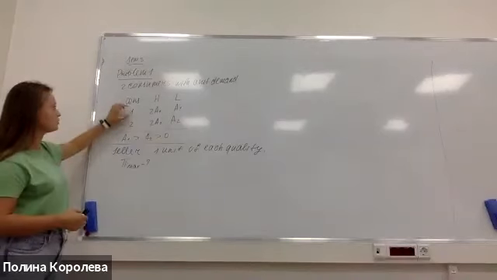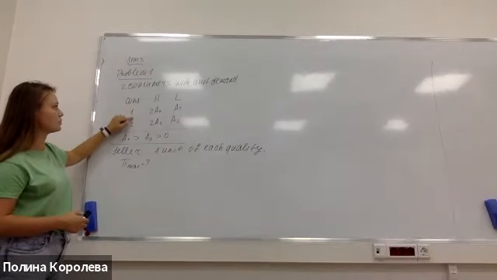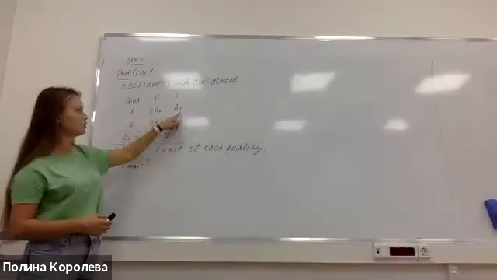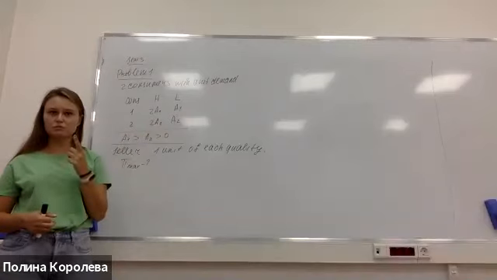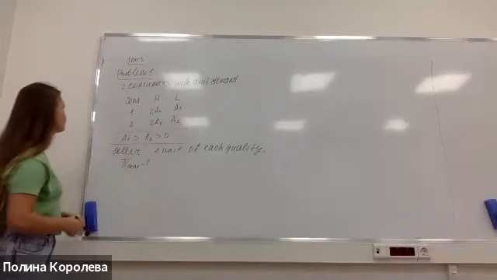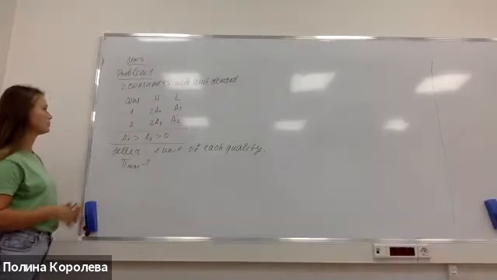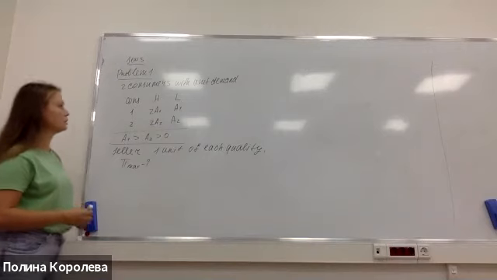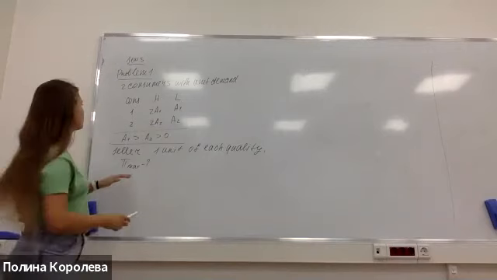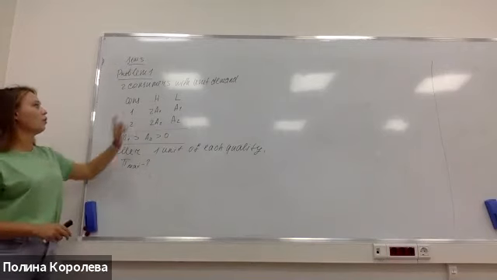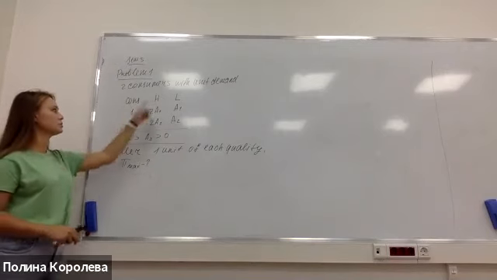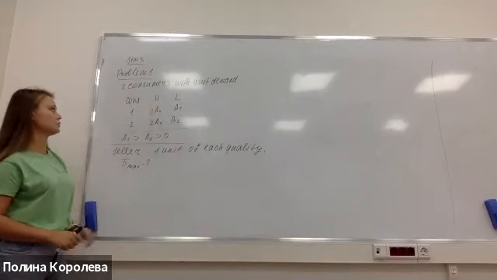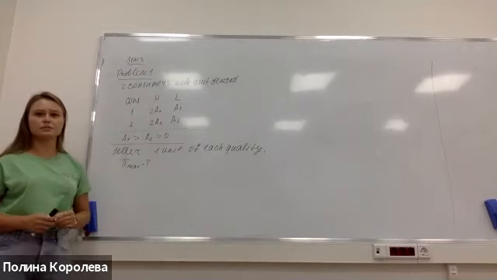Okay, first consumer. For the first consumer, what type will we sell? High quality, yes. And for the second consumer, we will sell low quality. This is one option. And one more option is to sell only high quality good to only the first consumer, and the second will get nothing.